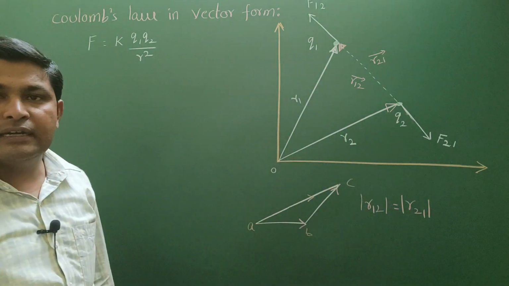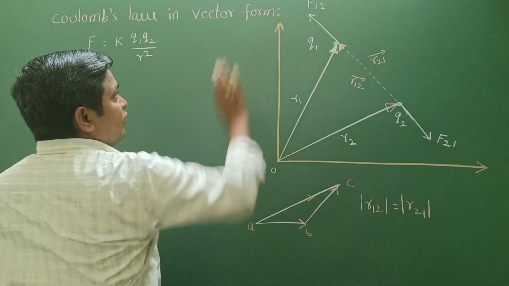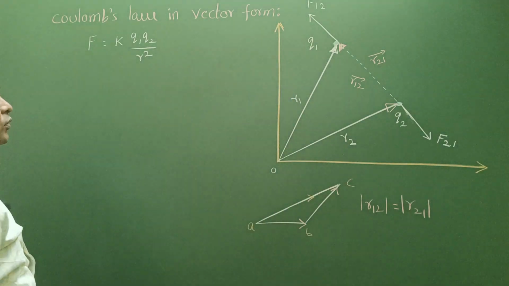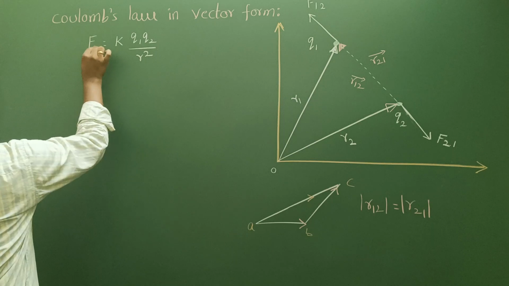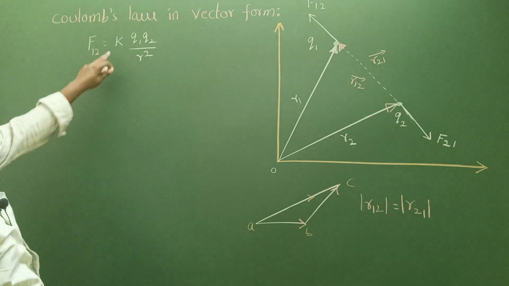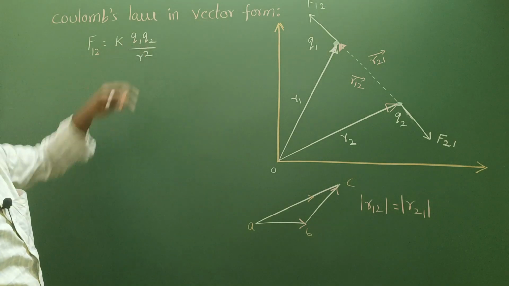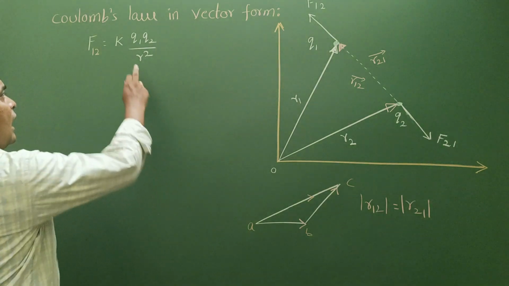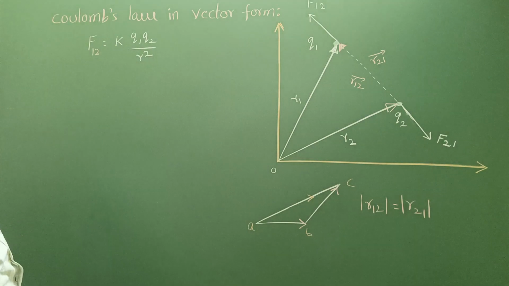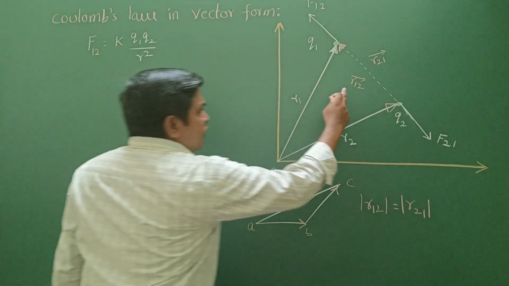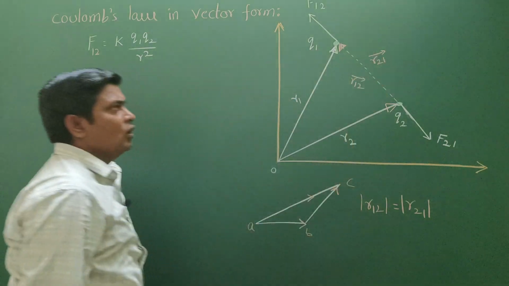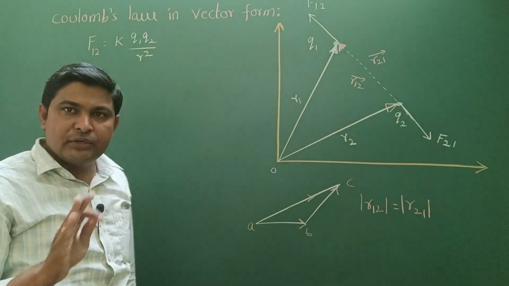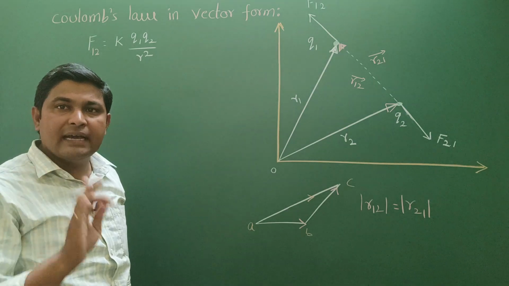Now if you are talking about F12, what can you write? F12 equals k q1 q2 by r square. What is that r here, is it r12 or r21? Whichever you write, the magnitude is the same but the direction is different.